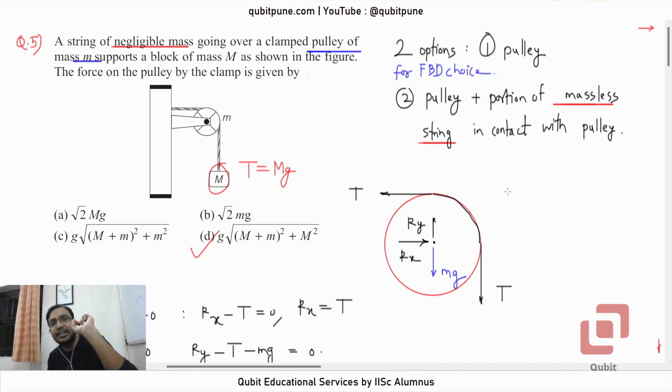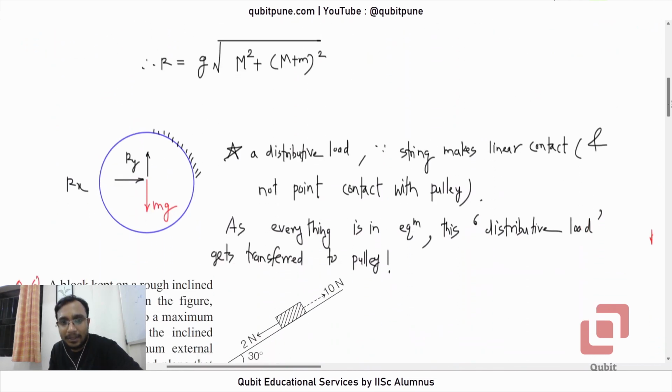But because that portion can be considered to be in equilibrium, we consider the pulley plus the portion of the massless string to give the value of the reactive forces, or the force that the clamp exerts on the pulley. Is that clear? Yes, sir. So keep that in mind.